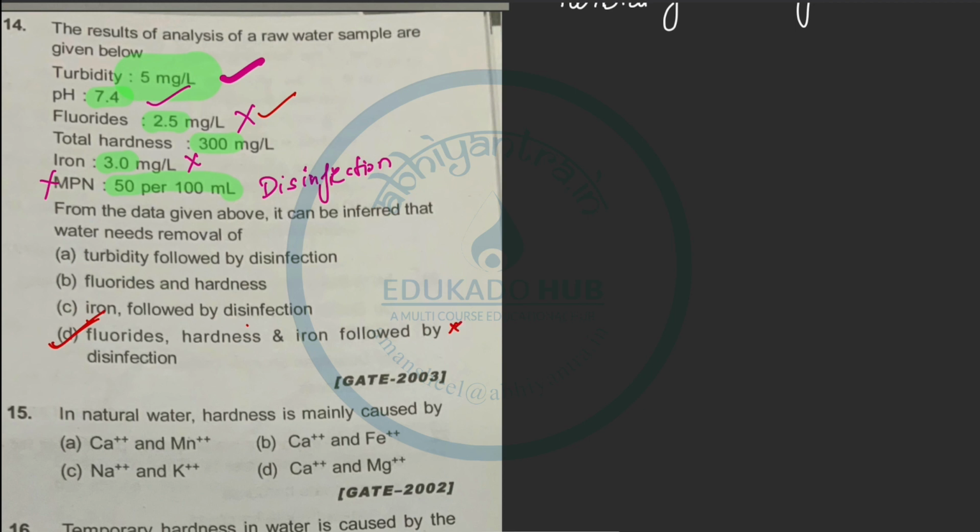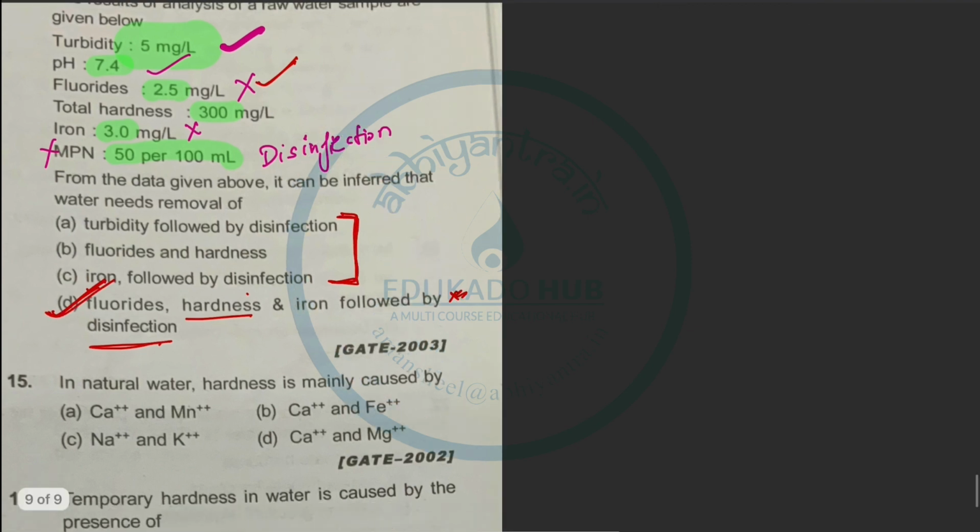So fluoride is also greater than 1, it is 2.5, and then hardness is also removed. See, fluoride removal and disinfection are both very necessary in this question, and they are not both in these three options, so the only option left is option D, so it is the correct answer.